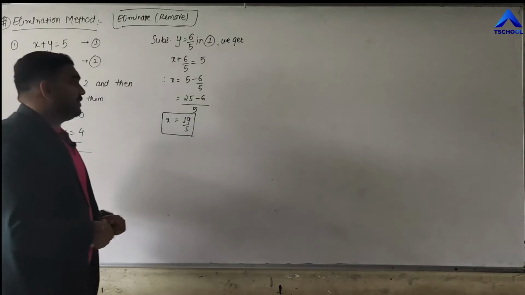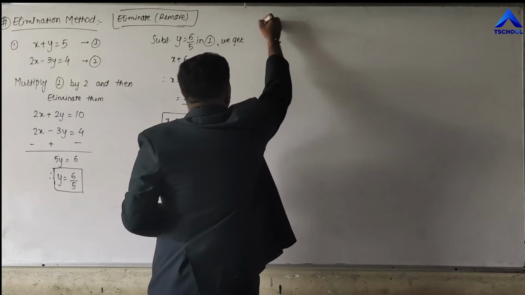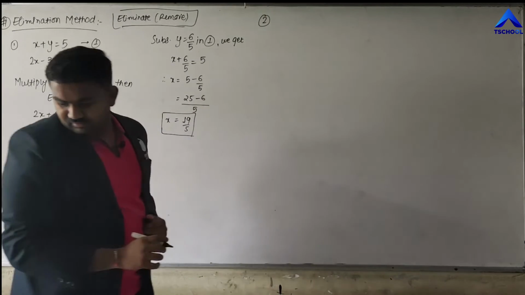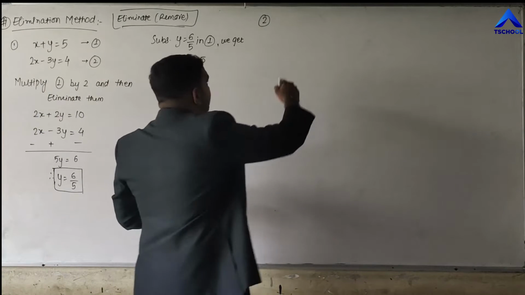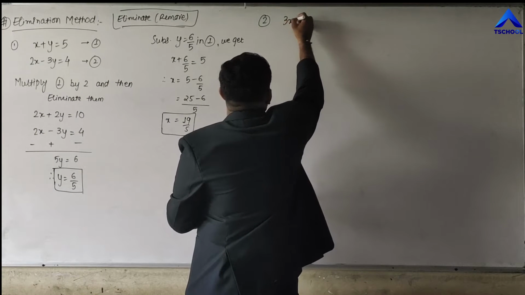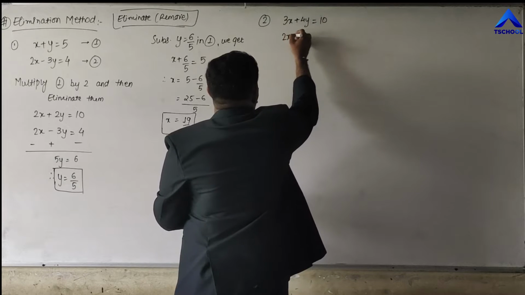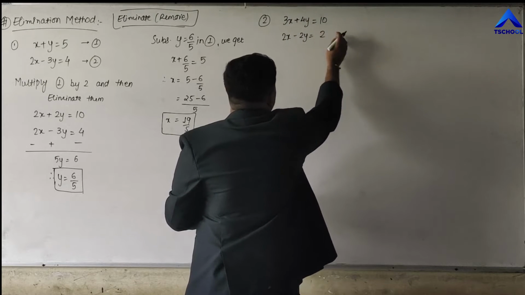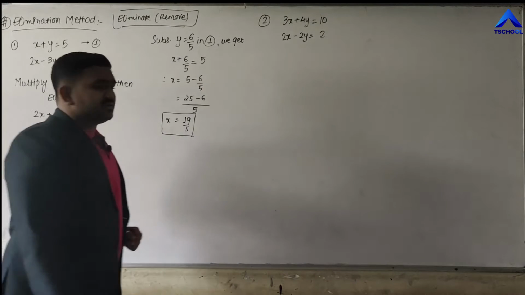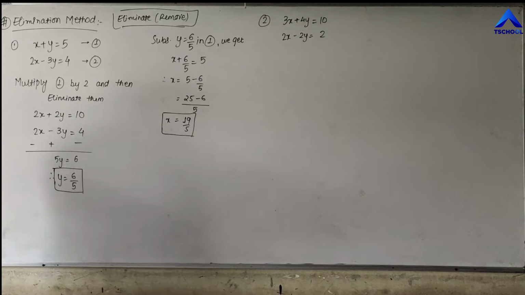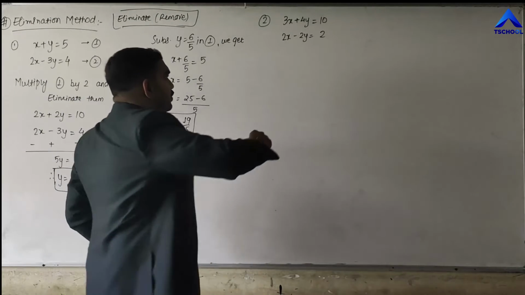One more example I am having here is 3x plus 4y equals 10 and 2x minus 2y is equal to 2. Right, this is the equation I am having here: 3x plus 4y equals 10 and 2x minus 2y equals 2.